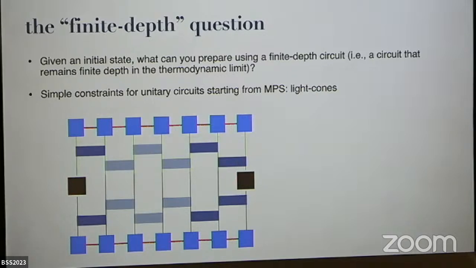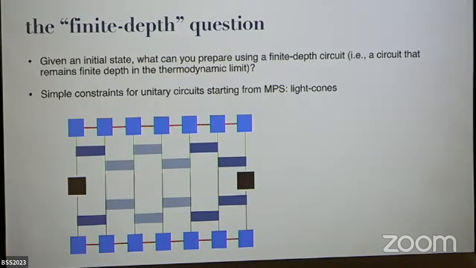So these U's can be crossed off against the U daggers, and when you do that, you realize that now the two operators are only connected in the circuit through the initial MPS. So you haven't really changed the correlations from the correlations of the initial MPS if your circuit is short depth and your operators are far apart.